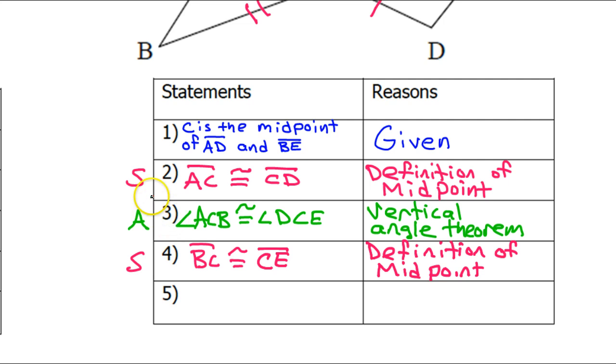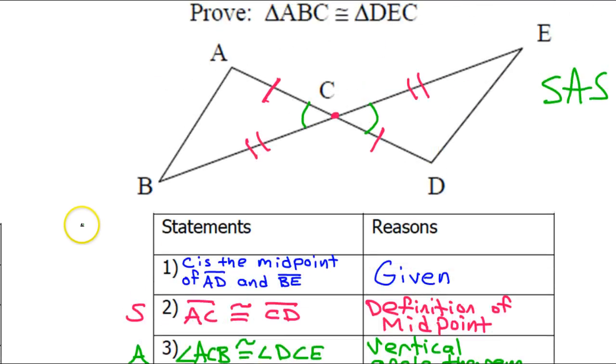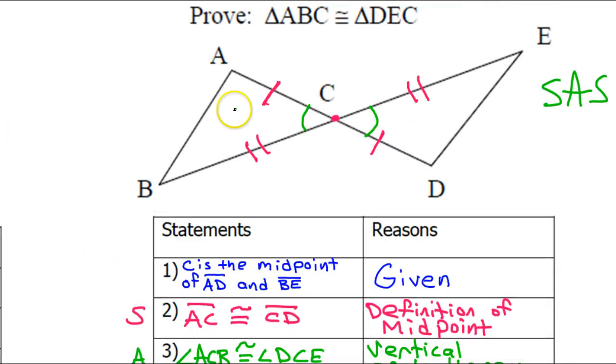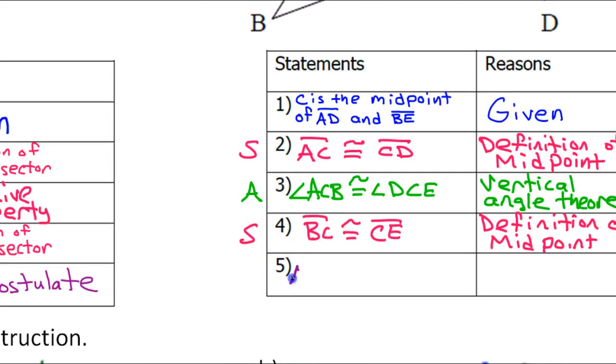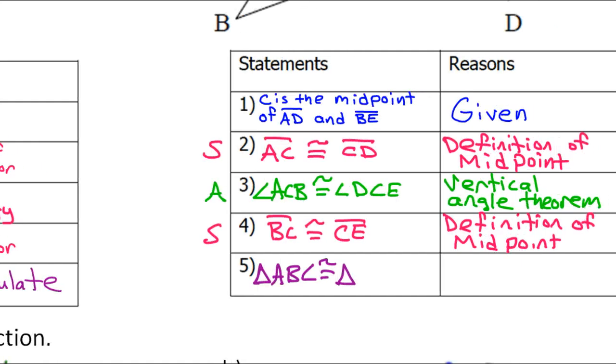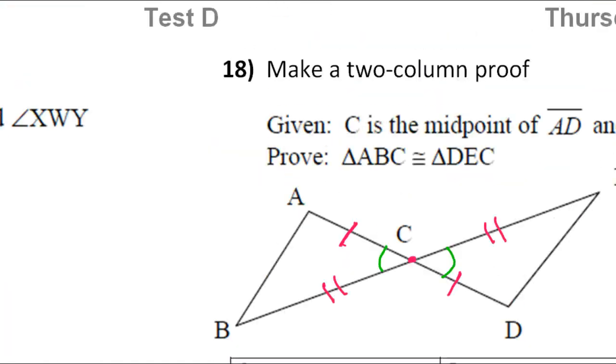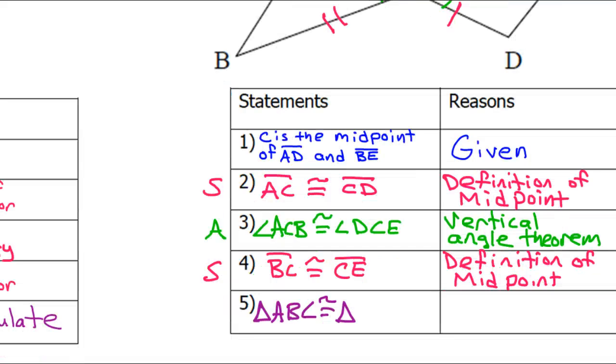Okay, once I have determined that I have a pair of sides, a pair of angles, and a pair of sides congruent, I can go ahead and say that the triangles are congruent by side angle side. So triangle ABC is congruent to triangle DEC.